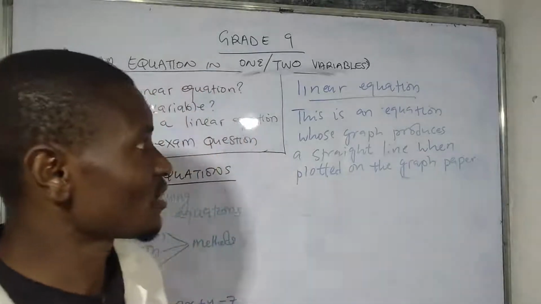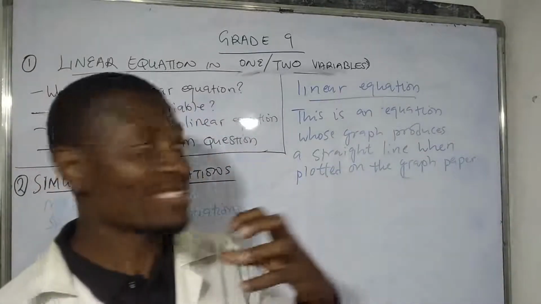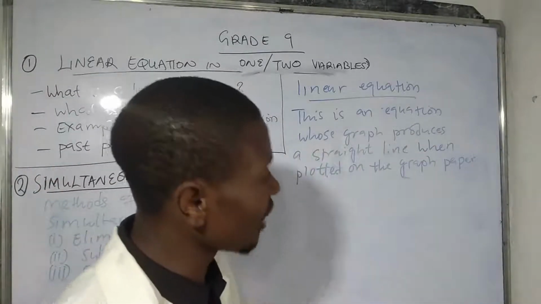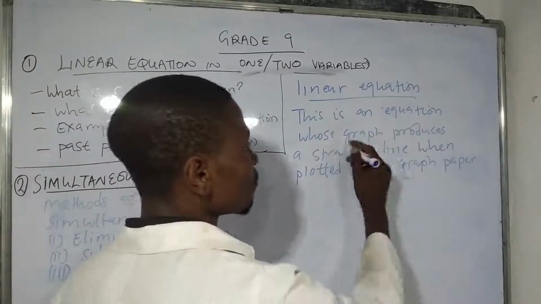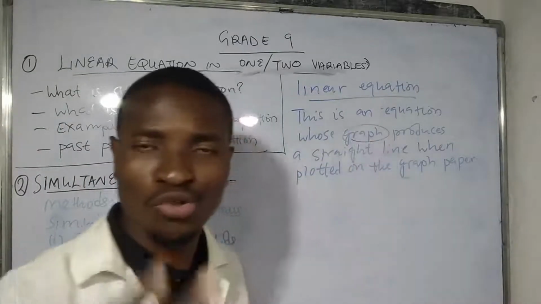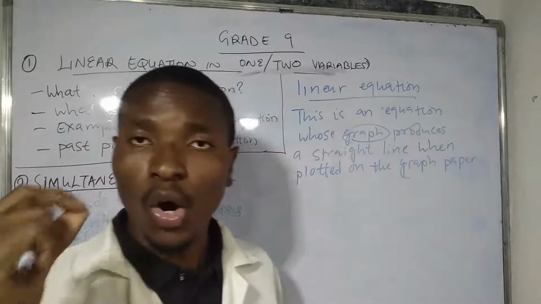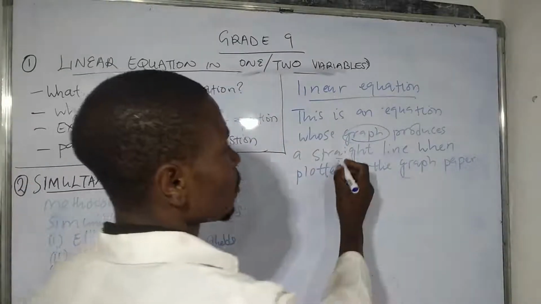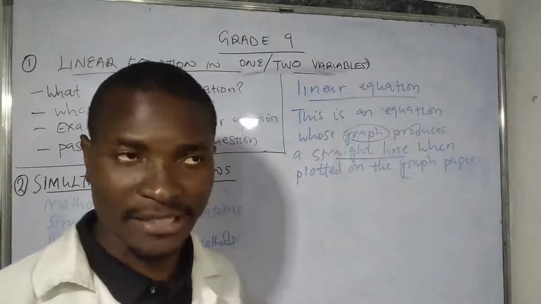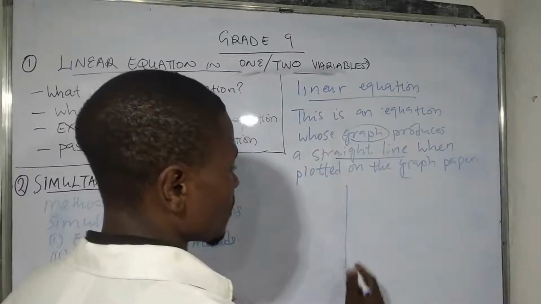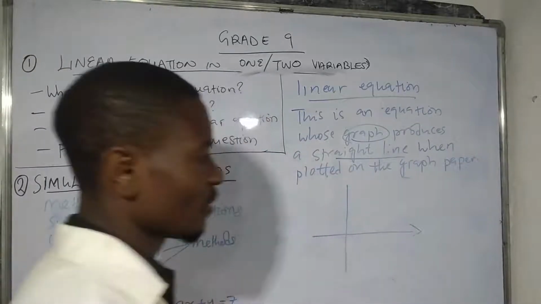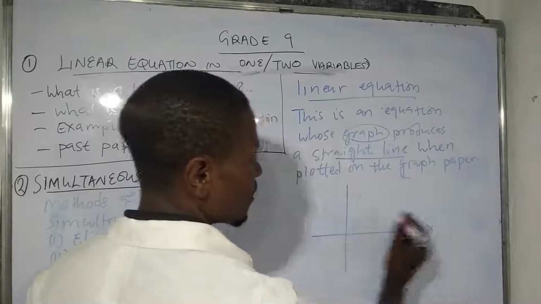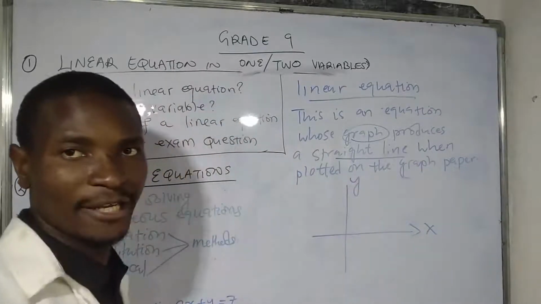So a linear equation is simply an equation whose graph, when we draw it on the graph paper, is going to produce a straight line. For instance, this is a graph, that is x, and that is y.